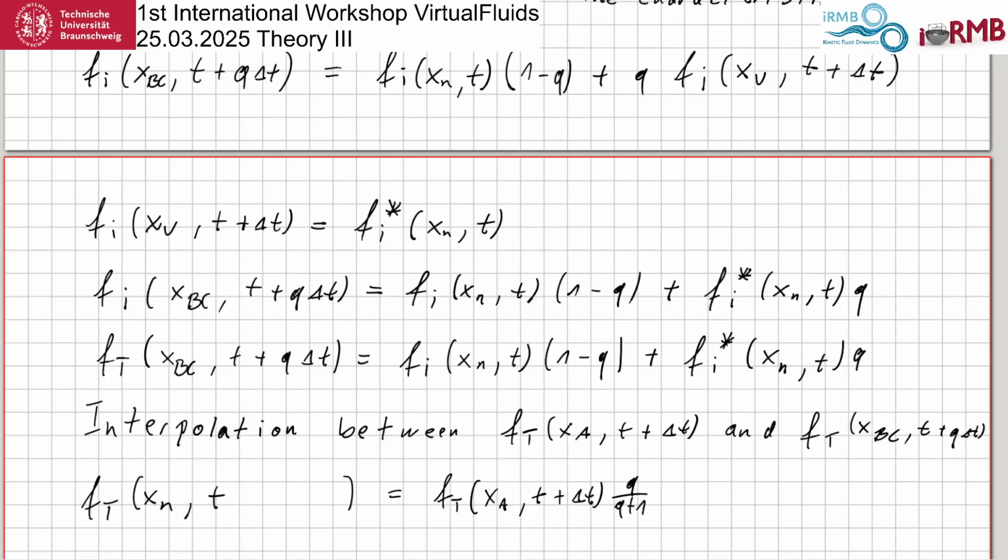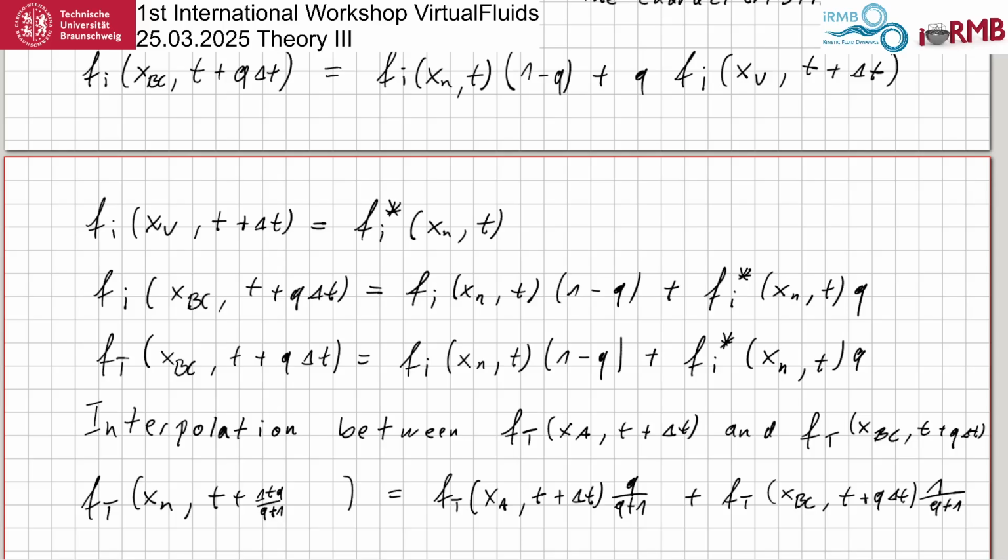So if we look at time, we get plus this delta t q divided by q plus 1. Yeah, so this is the distance that we have been moving here, plus Fi boundary condition plus t plus q delta t times 1 over q plus 1.